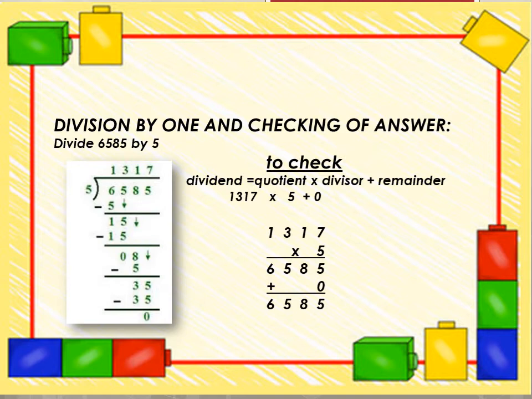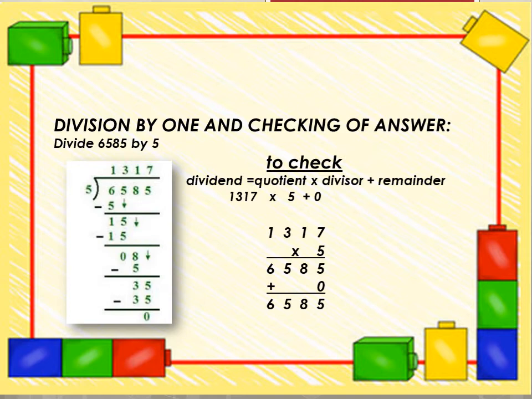5 ones are 5. Then 6 minus 5 results in 1 and 5 will be taken down, so it is now 15. 5 threes are 15. The difference is 0. Now the tens digit, 8, will be taken down, and 5 ones are 5.